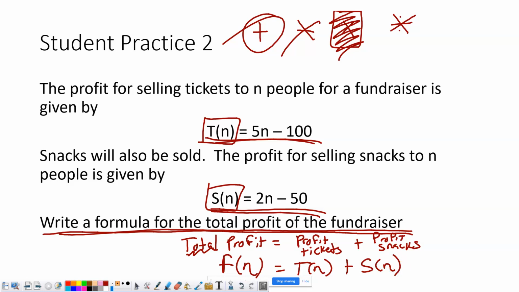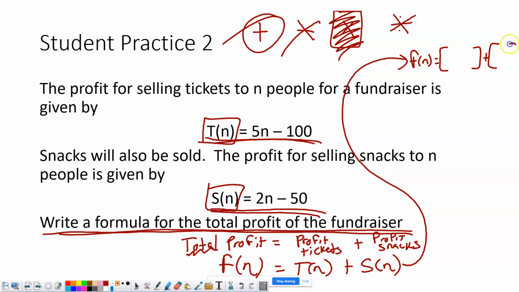Okay? So if the total profit is t of n plus s of n, then f of n is going to be equal to t of n, which is 5n minus 100, plus s of n, which is 2n minus 50.